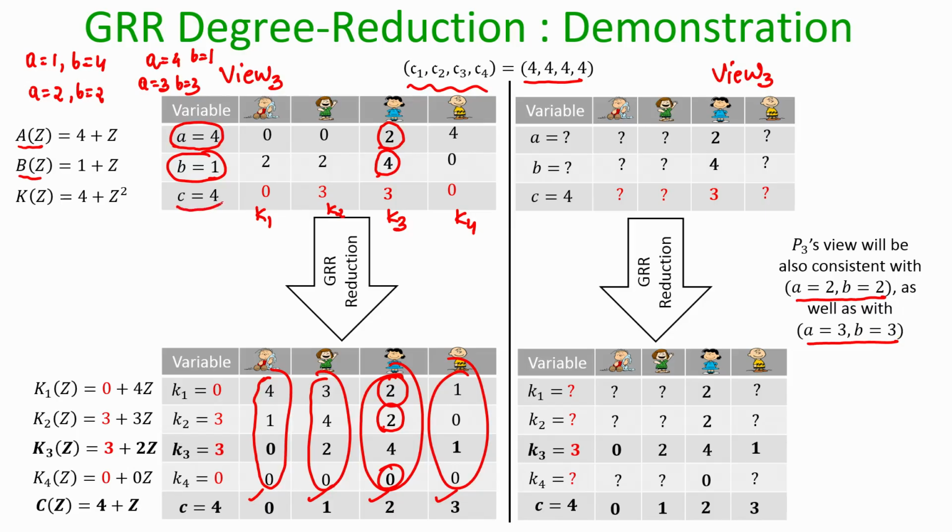The adversary will only learn the final outcome C equal to 4, but it cannot narrow down whether it was because of A equal to 1, B equal to 4, A being 2, B being 2, A being 4, B being 1, or A being 3, B being 3. All 4 possible input scenarios are equiprobable from the viewpoint of corrupt P3, and hence the privacy property is satisfied.